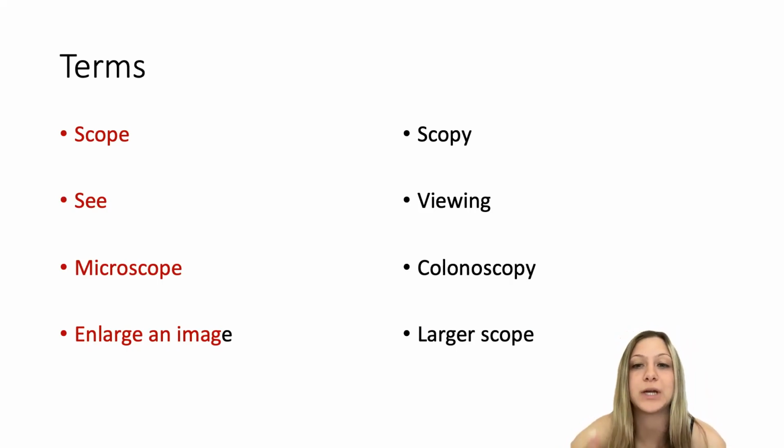So microscope you look into when something is really small, you use a microscope and it will enlarge the image so it's easier for you to see. And then for colonoscopy, it's just a larger scope, just like a microscope. It does the same thing.